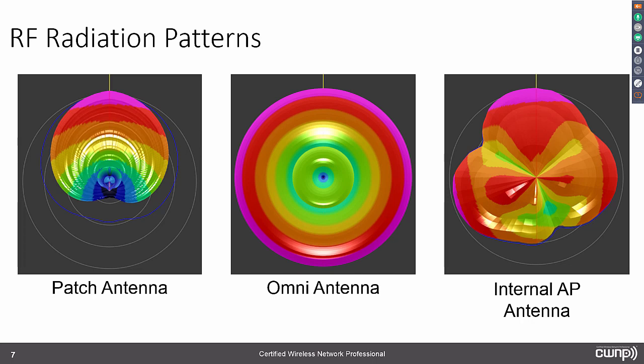So it's similar to Ekahau, AirMagnet Survey Pro, these kinds of tools. And within the tool, they give you a 3D view of the antennas that they support within that tool. And that's what we're looking at here.